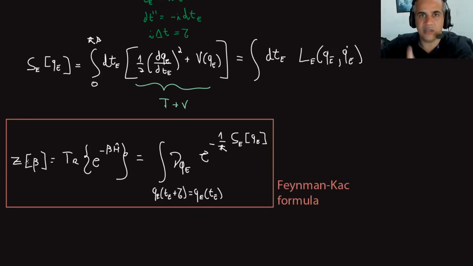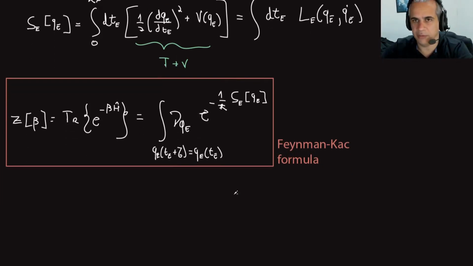This is the analog in statistical mechanics of our generating functional, and we know in statistical mechanics how many relevant quantities you can derive just knowing the partition function. Once you know the partition function, you can get many thermodynamic state variables out of it, right? So we see the analogy between these two quantities. You have the generating functional in quantum mechanics and the partition function in statistical mechanics that play kind of the same role.